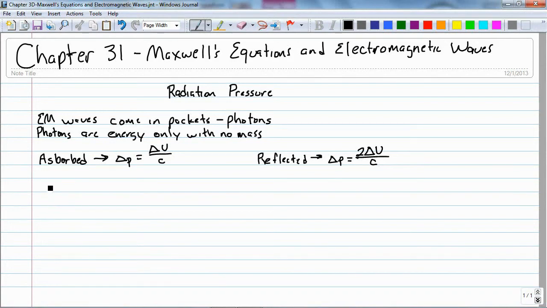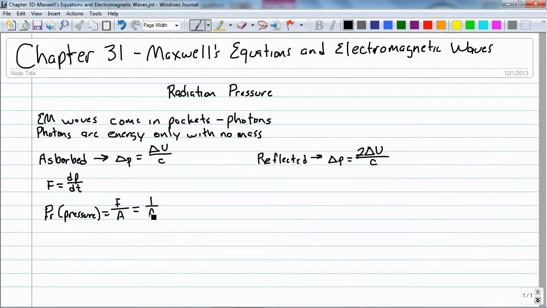Now we know that the force is equal to the derivative of the momentum, and now we can look at, I'm going to use big P for pressure. Now I'm going to subscript it R. So this is pressure, and that's just equal to force divided by the area.